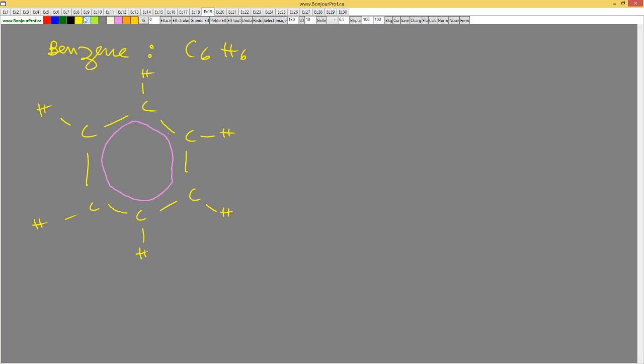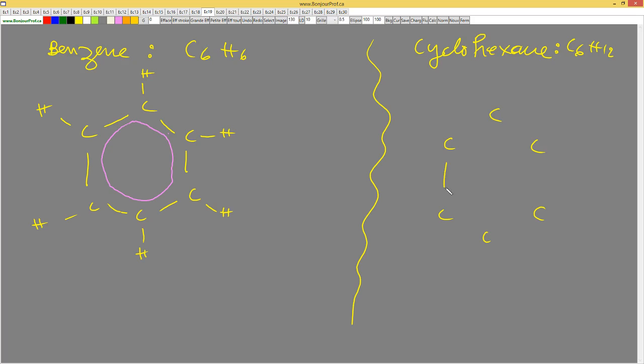Now we have to make the difference between the benzene, because it has 6 carbons, and cyclohexane. The formula of cyclohexane is C6H12. What does it mean? I have 6 carbons, like benzene, 1, 2, 3, 4, 5, 6, and I have the bonding here.